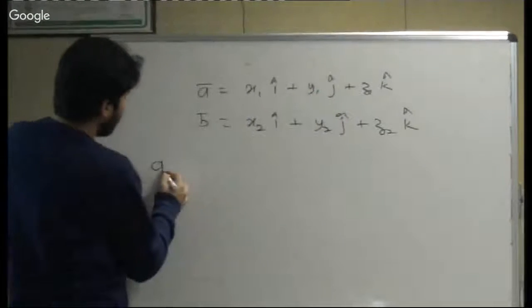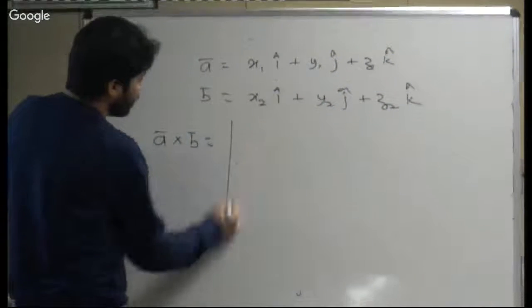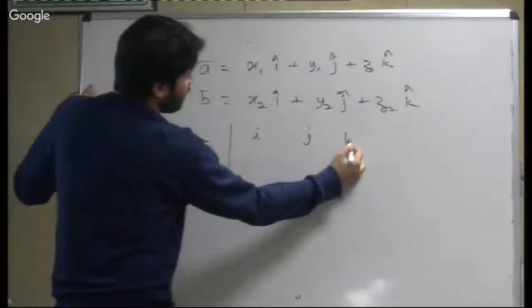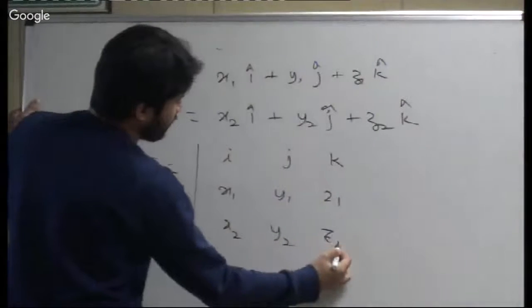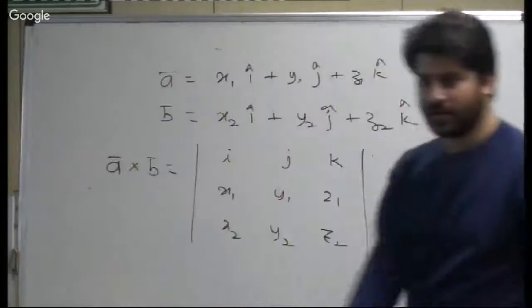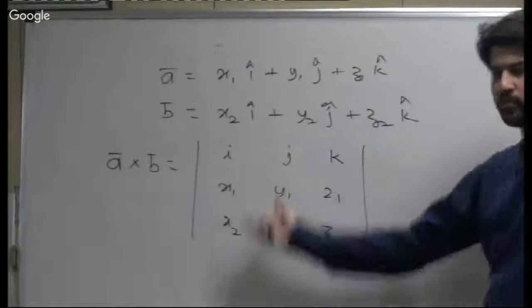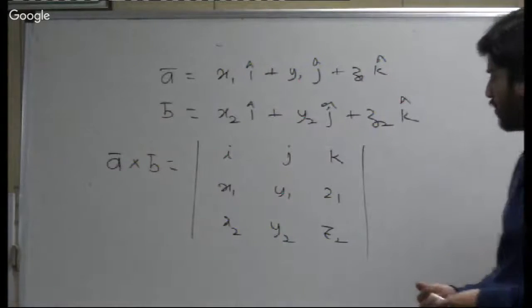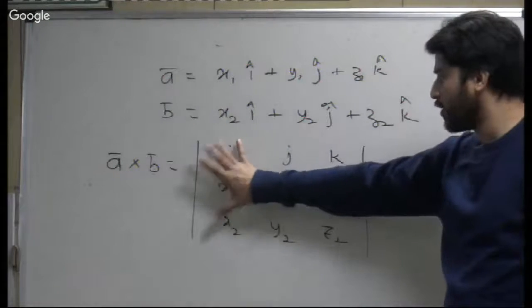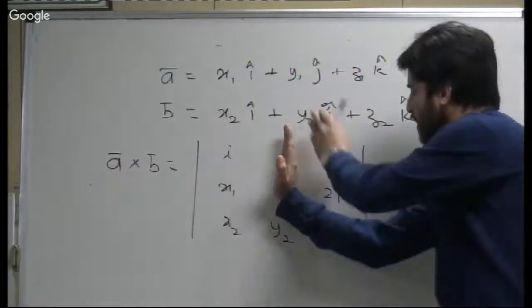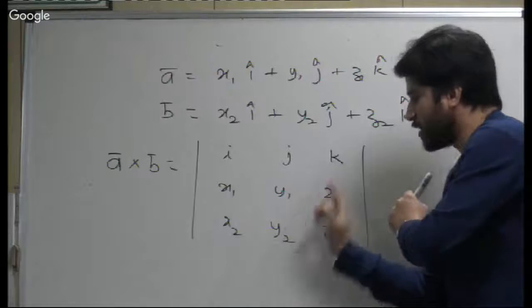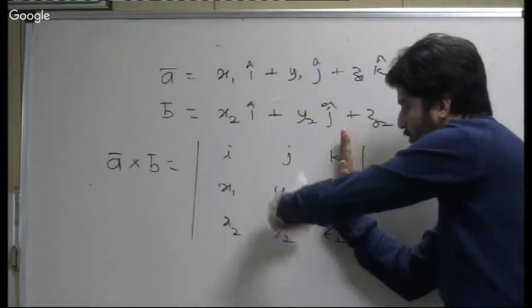So, A cross B is given by the determinant with rows i, j, k; x1, y1, z1; x2, y2, z2, which you can easily prove. But it's very easy to keep in mind, because if you solve this, it will turn out to be i (y1 z2 minus y2 z1) minus j (x1 z2 minus x2 z1) plus k (x1 y2 minus x2 y1).